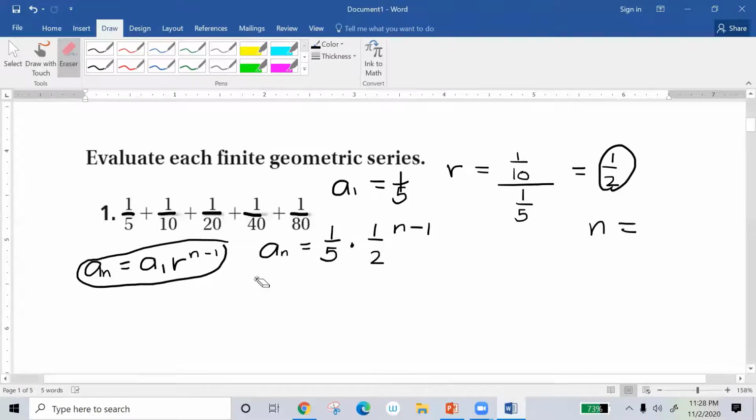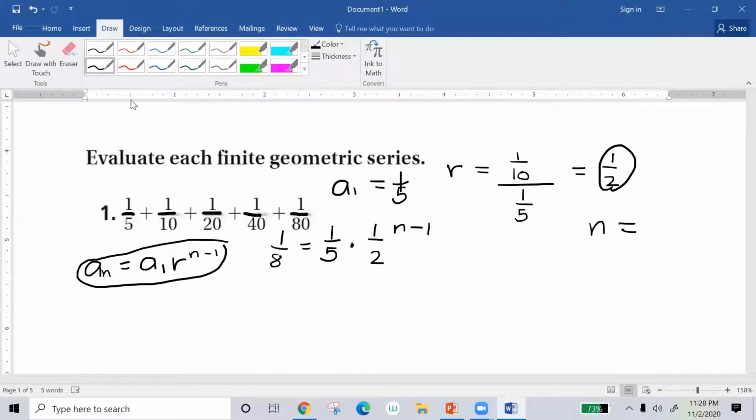So we can change a sub n to 1 over 80. Next, we will divide both sides by 1 over 5 to make 1/2 raised to n minus 1 alone. So 1 over 5 is canceled.